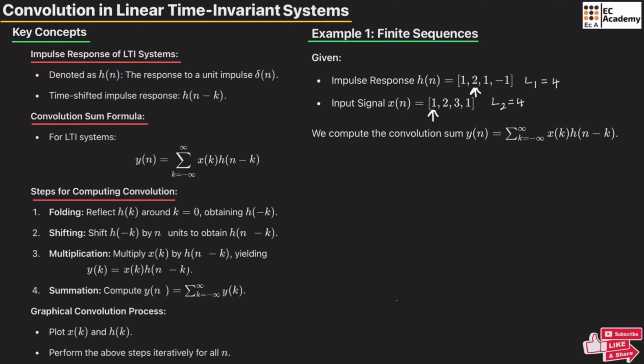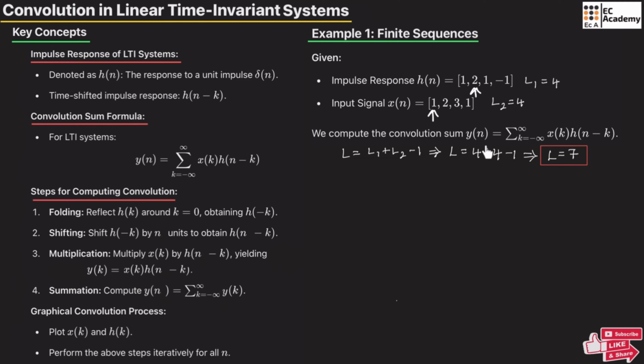Therefore, the overall length of the output sequence will be equal to L1 plus L2 minus 1. So the overall length of output sequence will be equal to L is equal to 4 plus 4 minus 1. So the overall length of the output sequence will be equal to 7. So we'll get 7 values at the output.